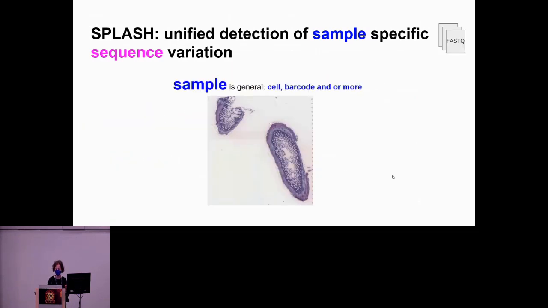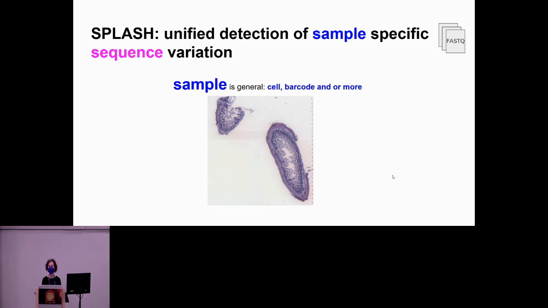Okay, so essentially, this regulation I've said means that the relative amount of different variants, let's say the splice variants, those relative amounts are different in different samples. Sample is a very general term.